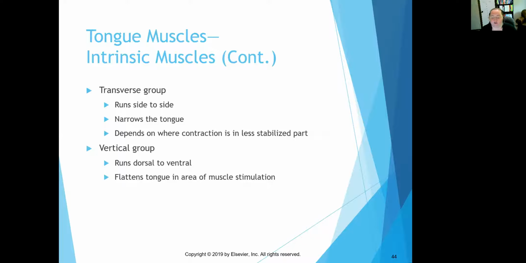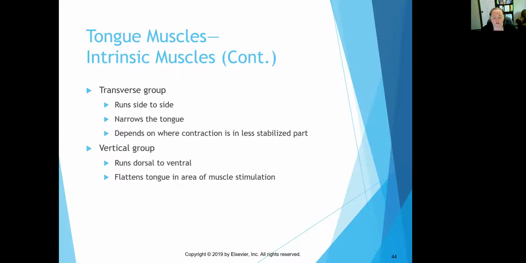Then we have our transverse group. And what does transverse mean to you guys? We've talked about transverse fibers before. What does that mean? It runs across. Runs across. We have our transverse ridge. We like this word in dentistry, right? Okay. So it's going to run side to side. And this is going to be what narrows your tongue.